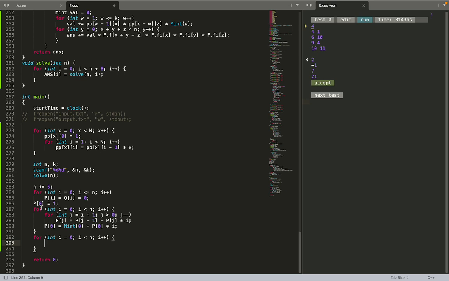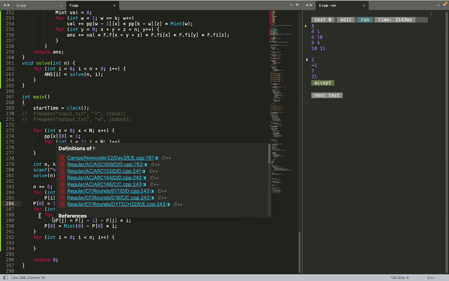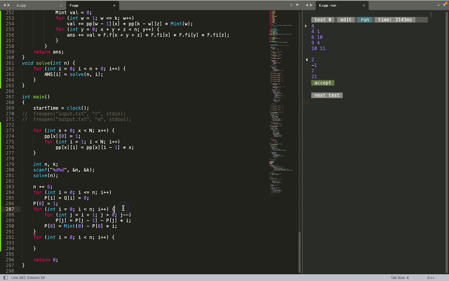Okay, so I have multiplied all the x minus i binomials. So now I have to divide by x minus y.